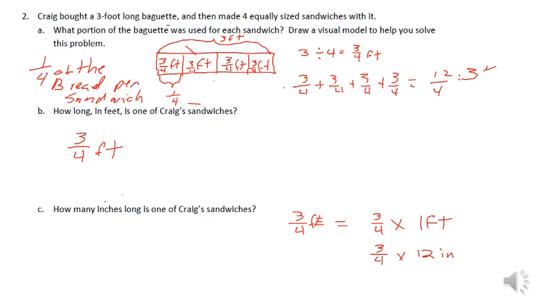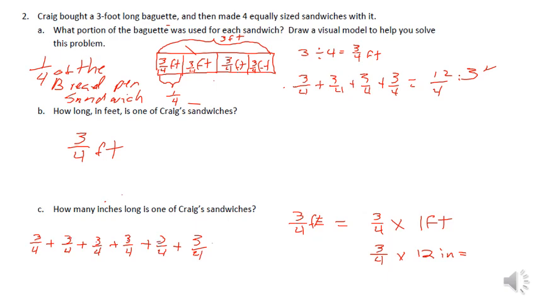Now, what I like to do on this, I could add 3/4 12 times. So we could go 3/4 plus 3/4 plus 3/4 plus 3/4 plus 3/4 plus 3/4. So that's 1, 2, 3, 4, 5, 6.